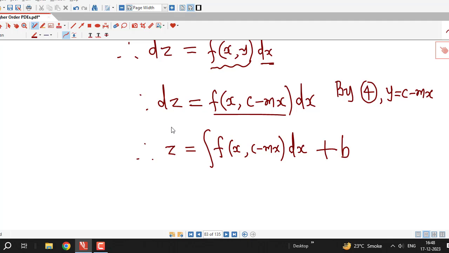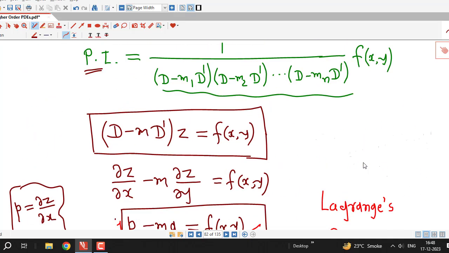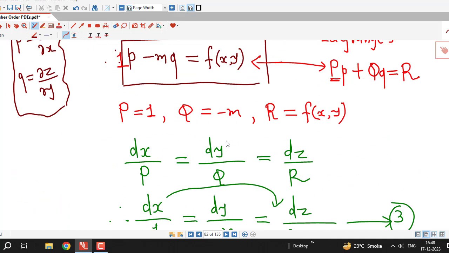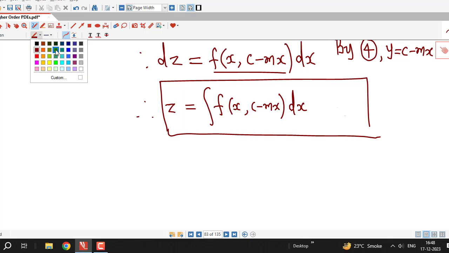So here we can see we have obtained the solution of this equation (D minus mD')z equals f(x,y). But we are interested in the particular solution, therefore we are considering a particular constant.